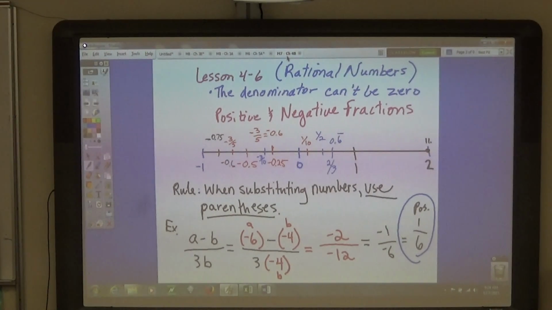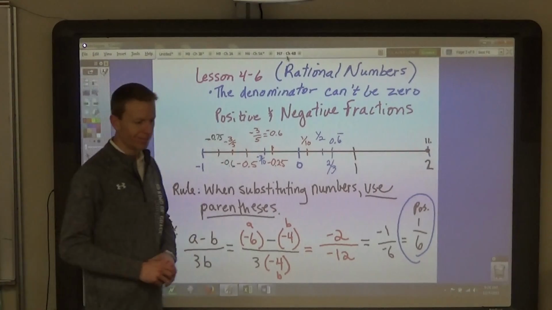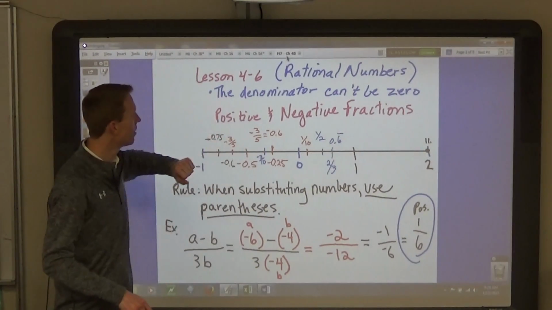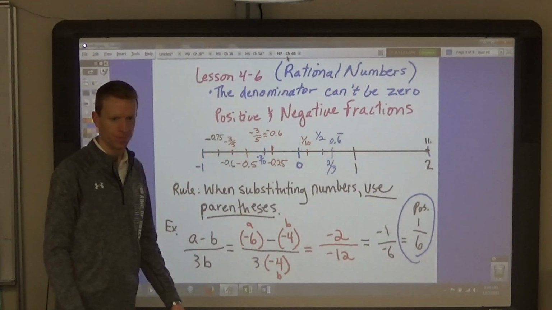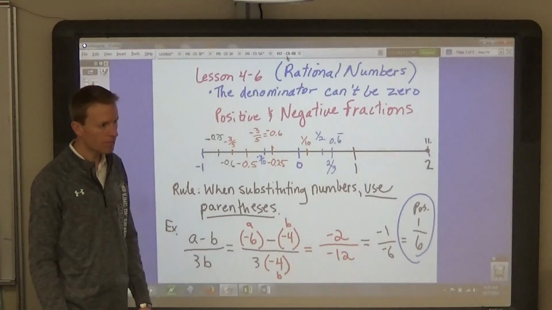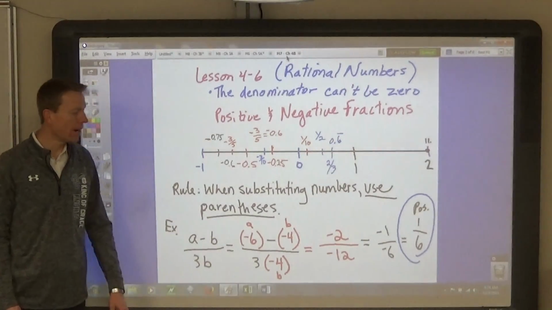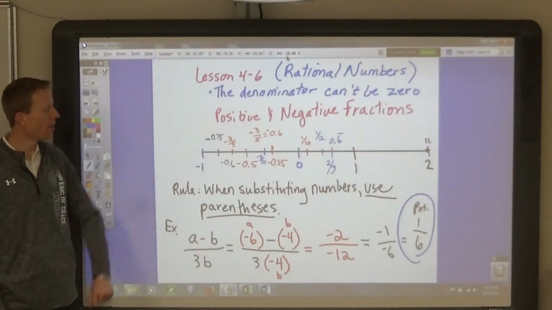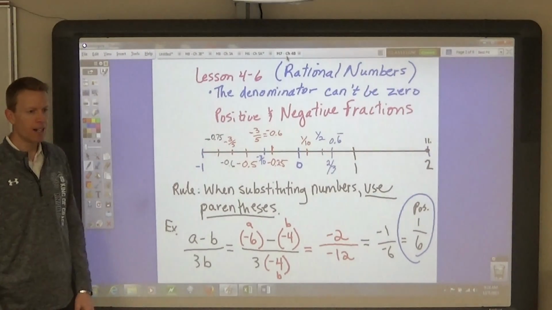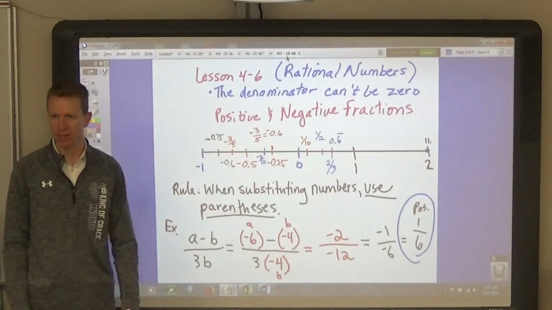Rational numbers are any number that you can write as a fraction. Okay? Where you can write the number, one number over another number. Any number that you can write as a fraction.